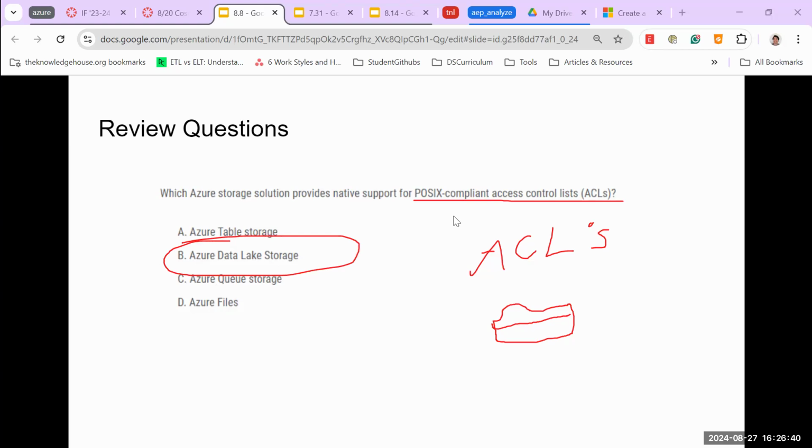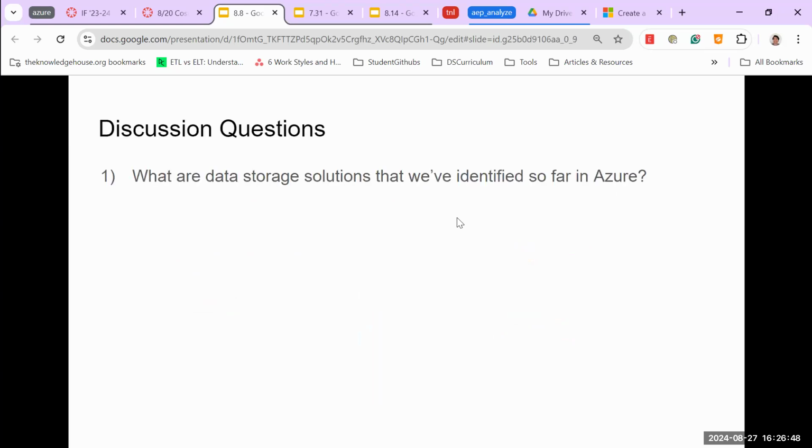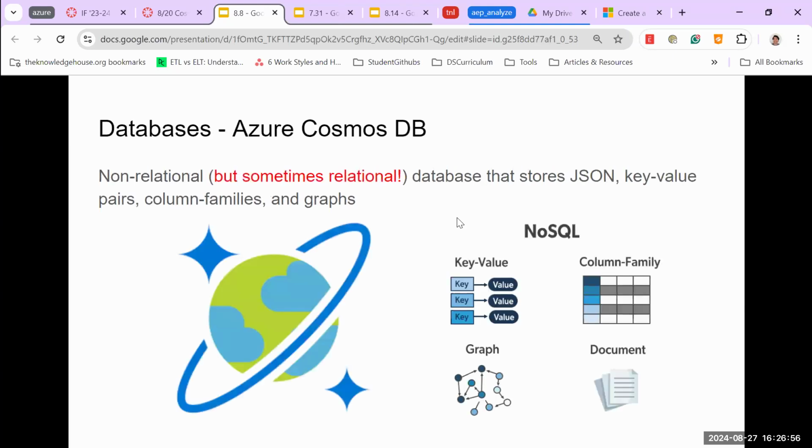All right. Now that we've gone over that review, let's dive into Azure Cosmos database. So just like I mentioned early on, we talked about relational databases, we talked about blob containers, we talked about Azure file storage. Now we're going to talk about non-relational data storage, or rather, not just SQL data storage, aka NoSQL data storage in Azure.